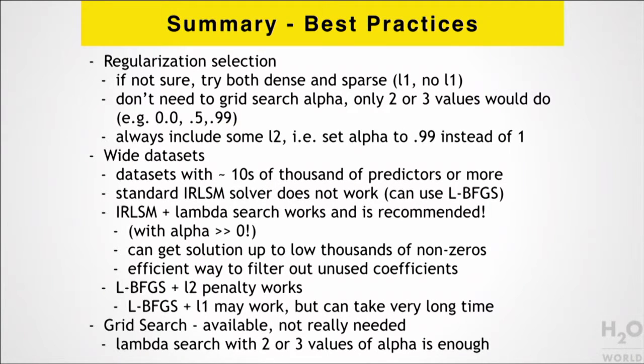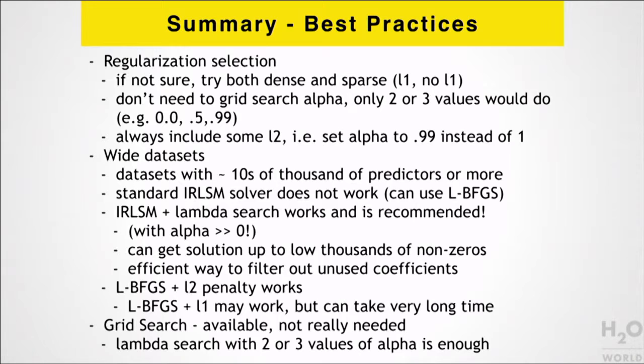Now, if you have wide data sets, as we saw earlier, you might not be able to use the default solver with the default parameters. So you can either run LBFGS with L2 penalty, or iterative reweighted least squares with L1 penalty and lambda search, which will often run for quite a bit, but you're guaranteed to get the optimal regularization strength, which is a nice property.